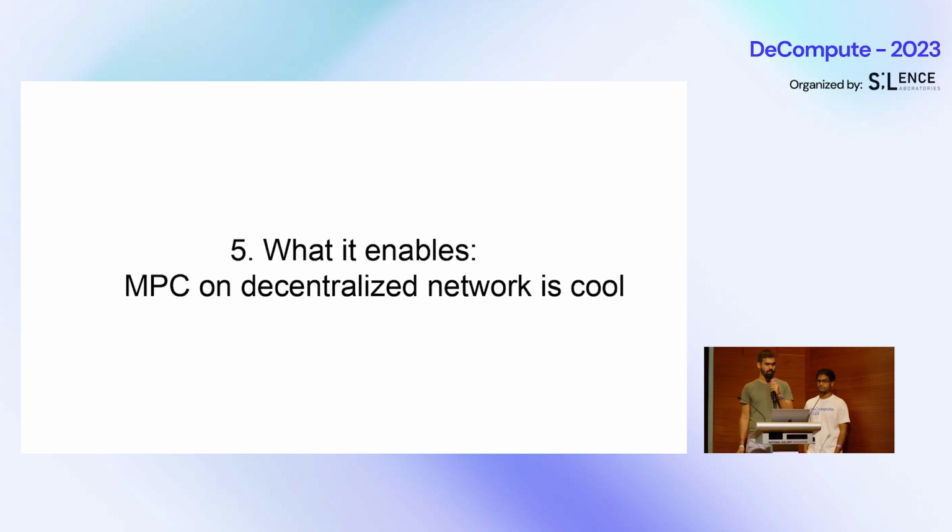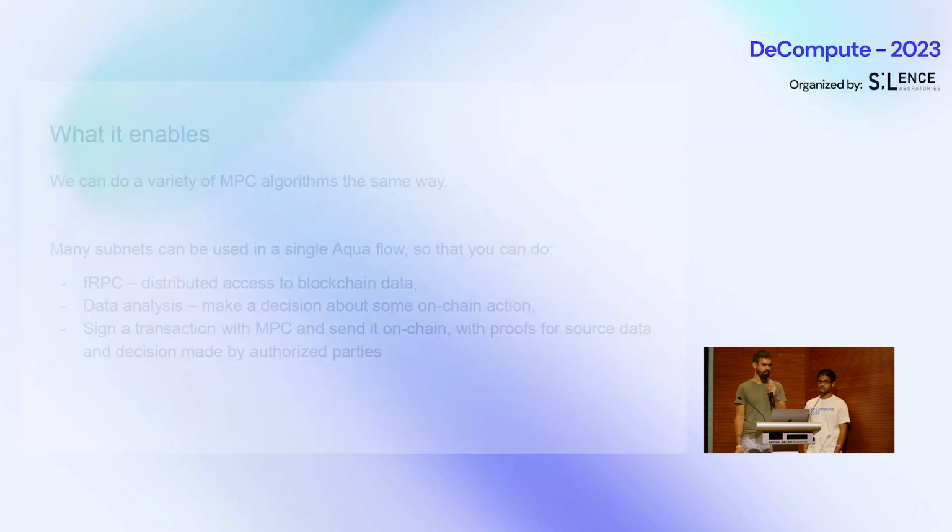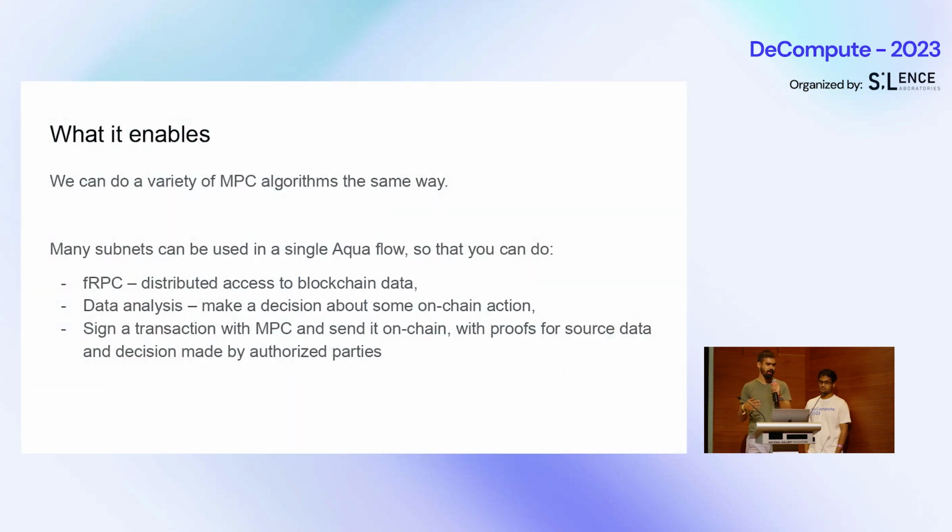And given that we have MPC on a decentralized network in such a pluggable, composable, customizable way, what does it enable? We can do a lot of multi-party algorithms the same way. And we can use many subnets of different behaviors and capabilities in a single Aqua flow.